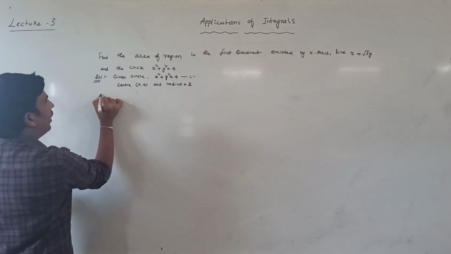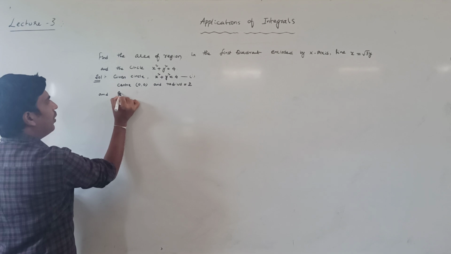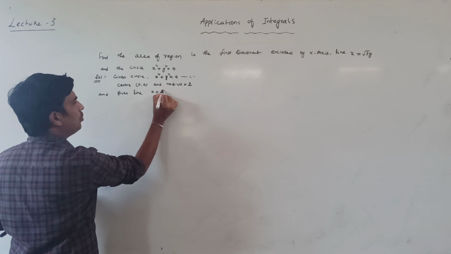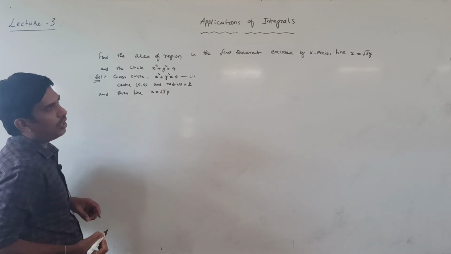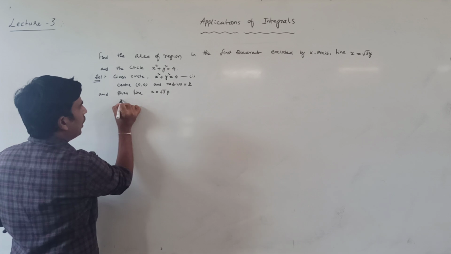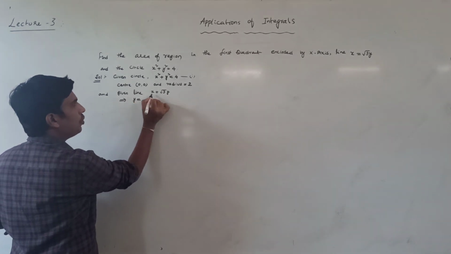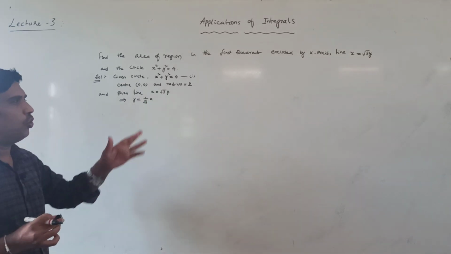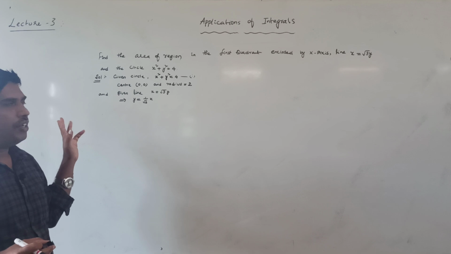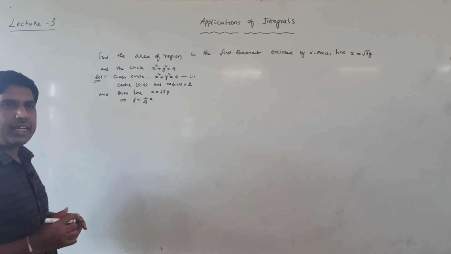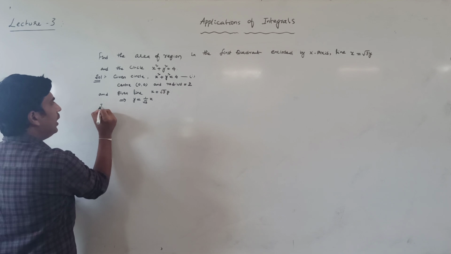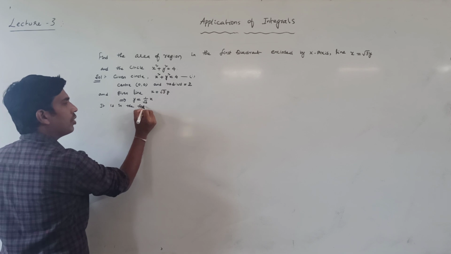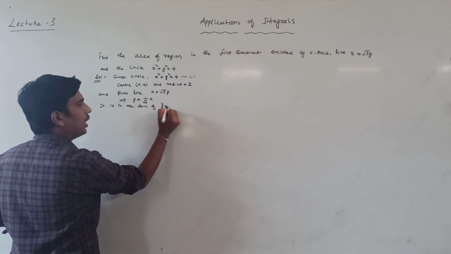Equation 1. Next, one more given line. So what is given line? X is equals to root 3y. X is equals to root 3y implies y is equals to, what will get? Nothing but 1 by root 3 x. This root 3, that side if you take, y is equals to 1 by root 3 x. So it is in the form of y is equals to mx.